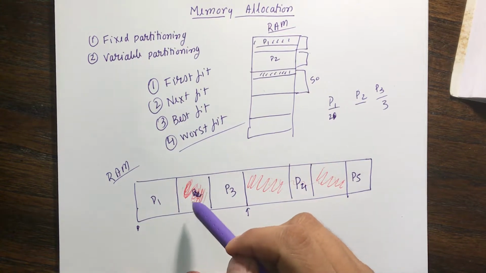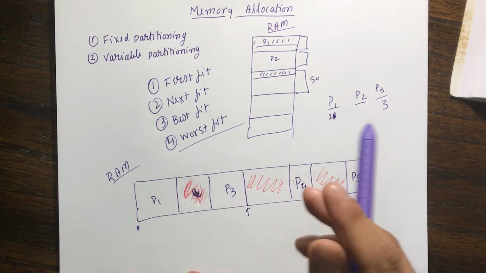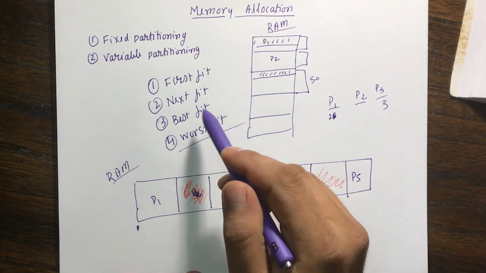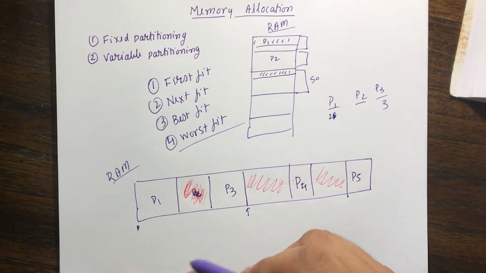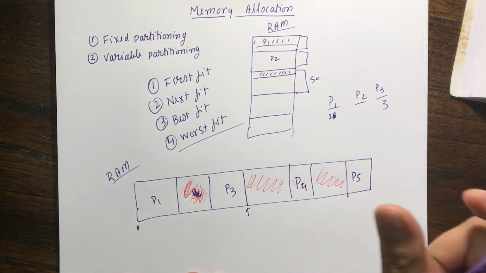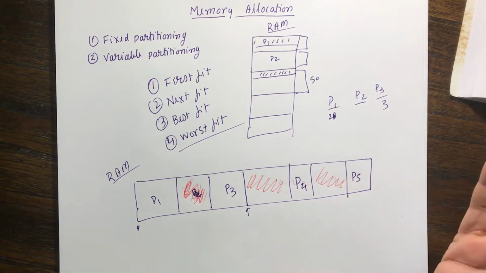Best fit is where you go through all your holes and figure out which hole your process will fit the best. That is called best fit. Worst fit is where you go through all your holes and figure out which hole to put your process in that will leave the maximum amount of space available.